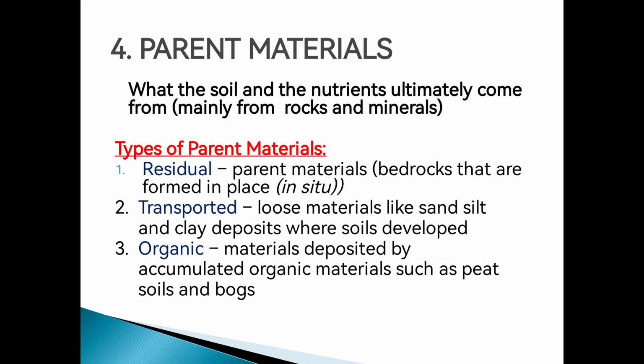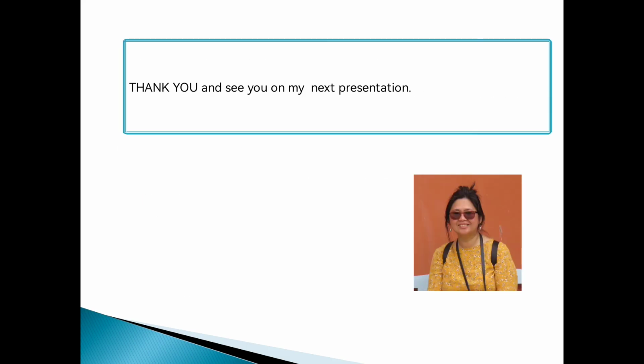We have also parent materials that are transported, meaning materials like sand, silt, and clay deposits where soils develop, not in place. And we also have parent materials coming from organic materials. So these are accumulated organic materials such as peat soils and bogs.